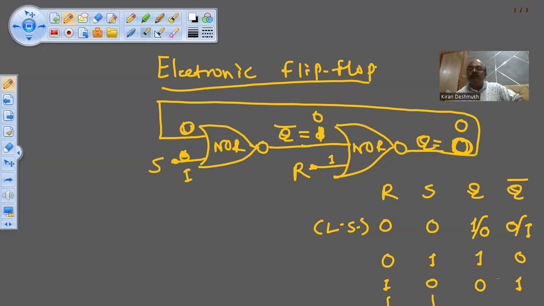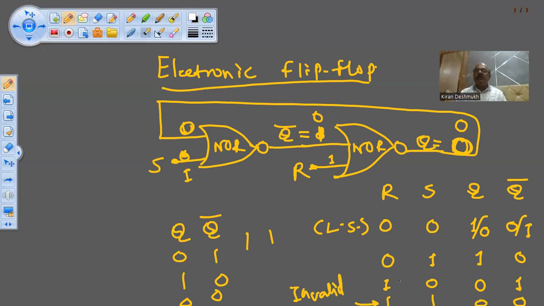Now this is not possible, because Q and Q bar should be opposite to each other. So if Q is 0, Q bar must be 1. If Q is 1, Q bar must be 0. Both cannot be 0 at a time, or both cannot be 1 at a time. So this is an invalid condition.